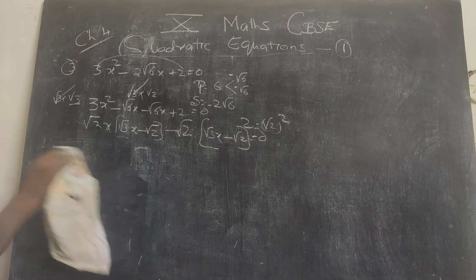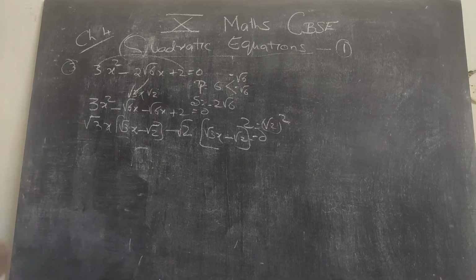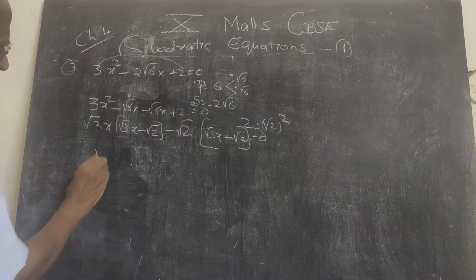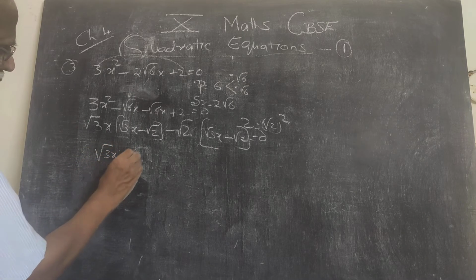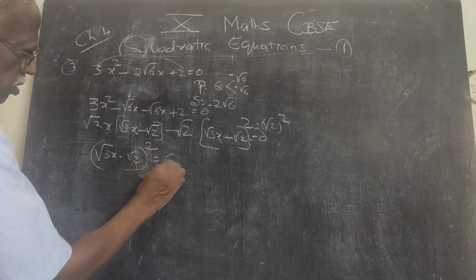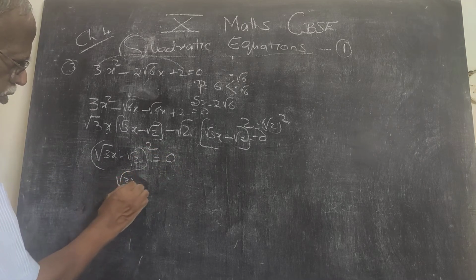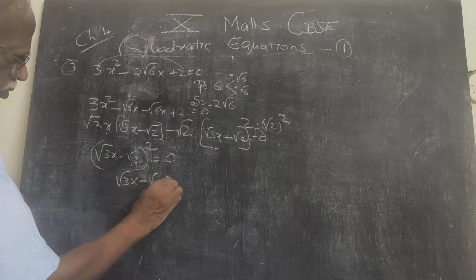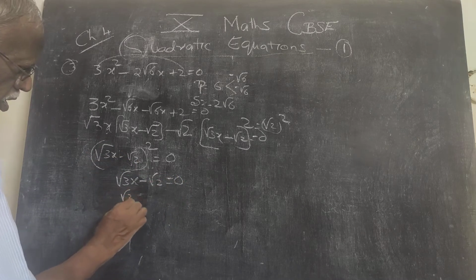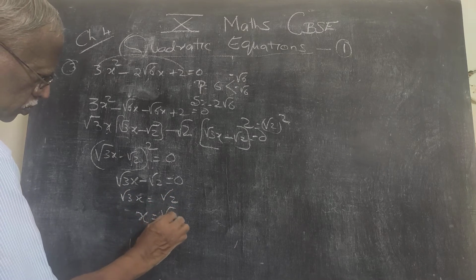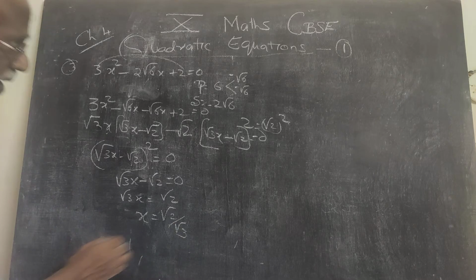Now the answer is root 3x minus root 2, this is also the same thing, equal to 0. That means root 3x minus root 2 equal to 0, or root 3x equal to root 2, or x equal to root 2 by root 3.